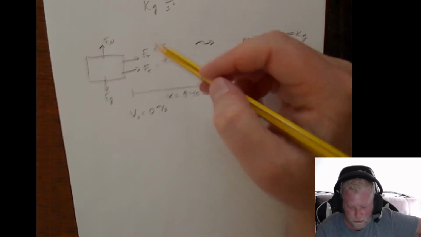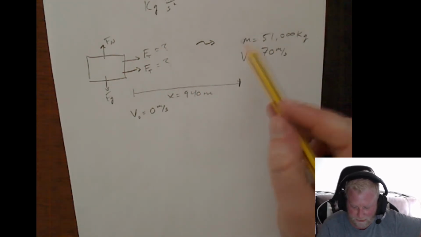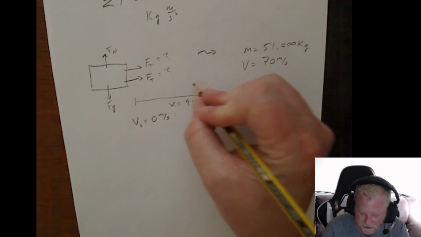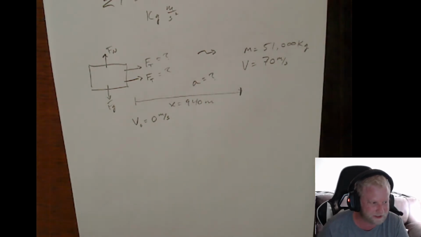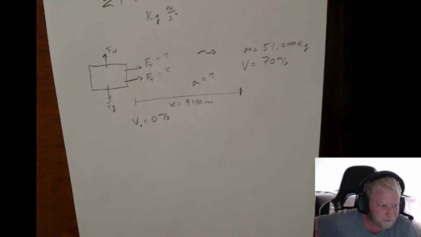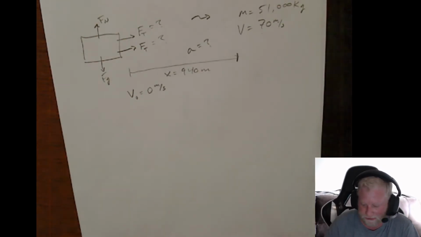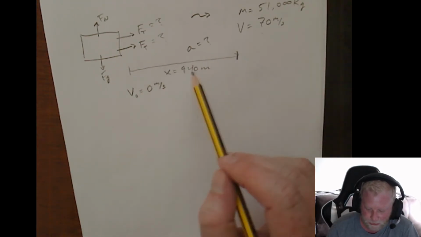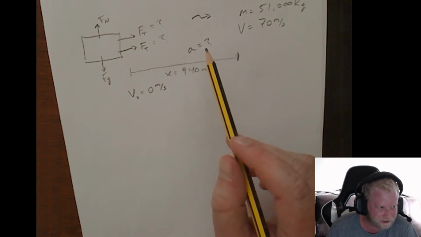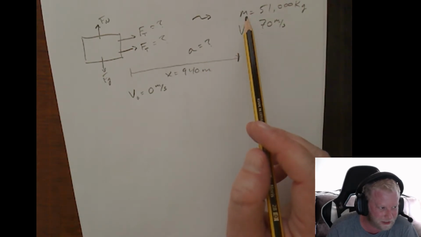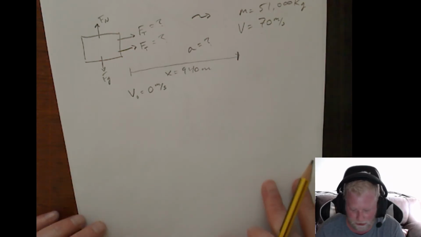If we want these forces, we've got a mass, but we're going to need to know the acceleration of that airplane. That's our first goal here. We've got all of the kinematic values we need to find acceleration, and then we can combine that with the mass to find our thrust.